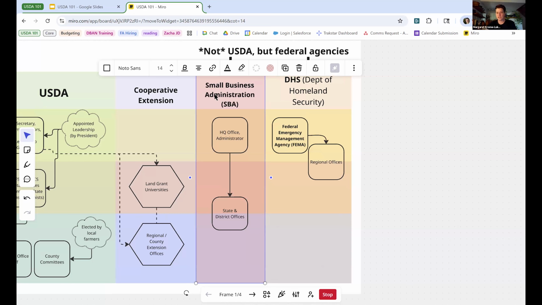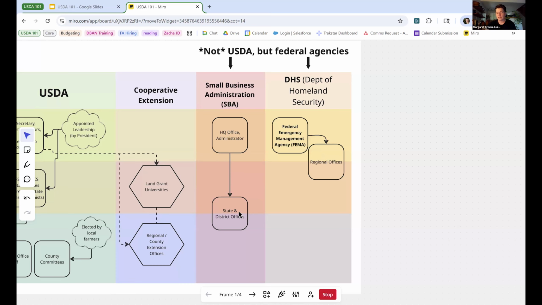The Small Business Administration is an independent agency, and with state and district offices, they do some lawmaking, and sometimes things happen like there's a global pandemic and there are economic relief programs like the Paycheck Protection Program. Farmers might be eligible for those programs as they were. And so in that situation, SBA was a relevant agency for them to know about.